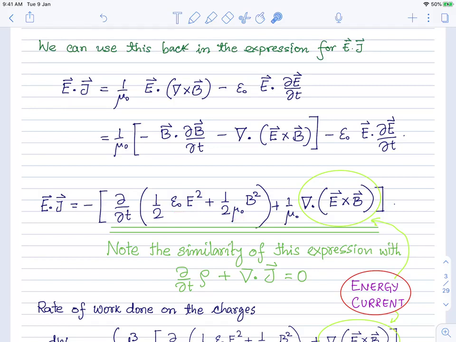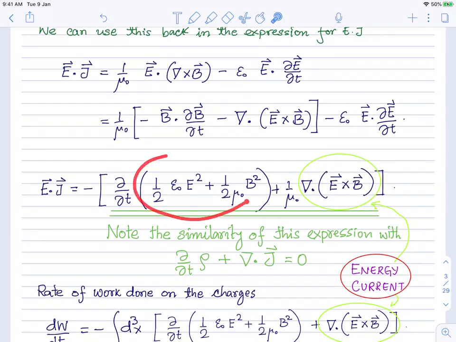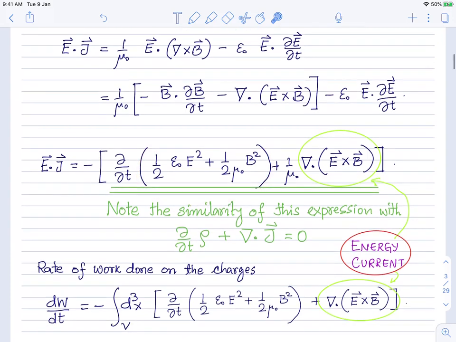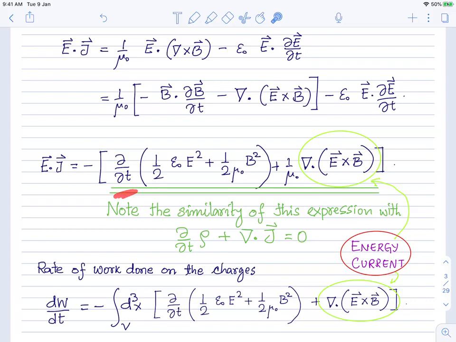This expression here you have seen before. Individually, you have seen that this was the energy density in the electric fields in electrostatics, and this was the energy density in the magnetic fields in magnetostatics. And here, this particular expression also appears in a very interesting and suggestive form. What we are seeing is that this thing is related to the work done on the charged particles.